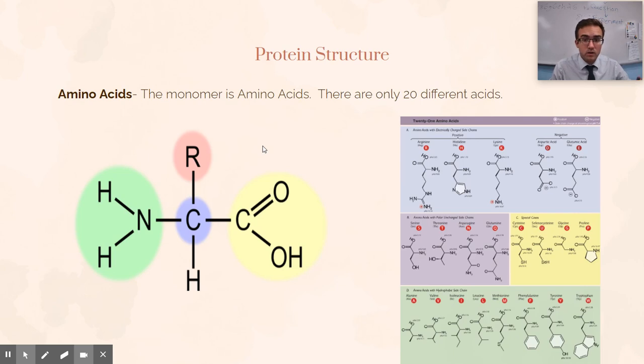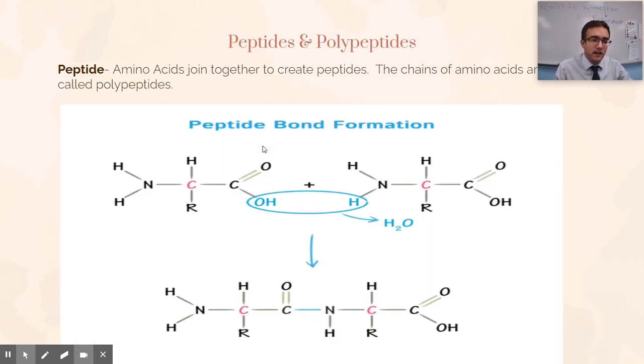So if we keep going in structure, monomers, amino acid, that's our one. As we join them together, they create what's called polypeptides. So here's one amino acid: central carbon, amine group, carboxyl group, R side chain. When they join together through dehydration synthesis, remember, dehydration synthesis is how we get polymers from monomers.